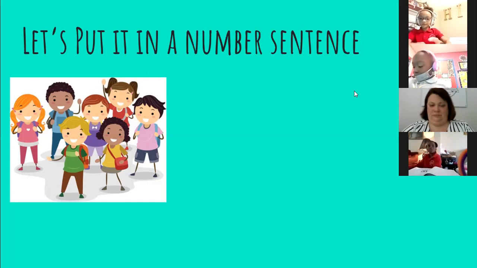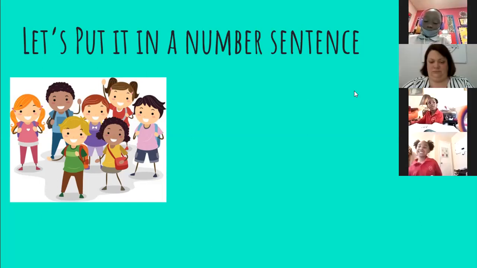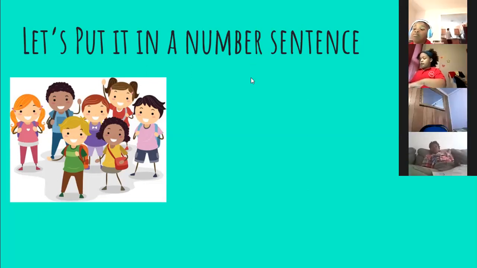How many kids do you see with green shoes, Chloe? 1. So 1, then what? Plus 6. 6, then what? 7. Equals 7. Chloe said 1 plus 6 equals 7.